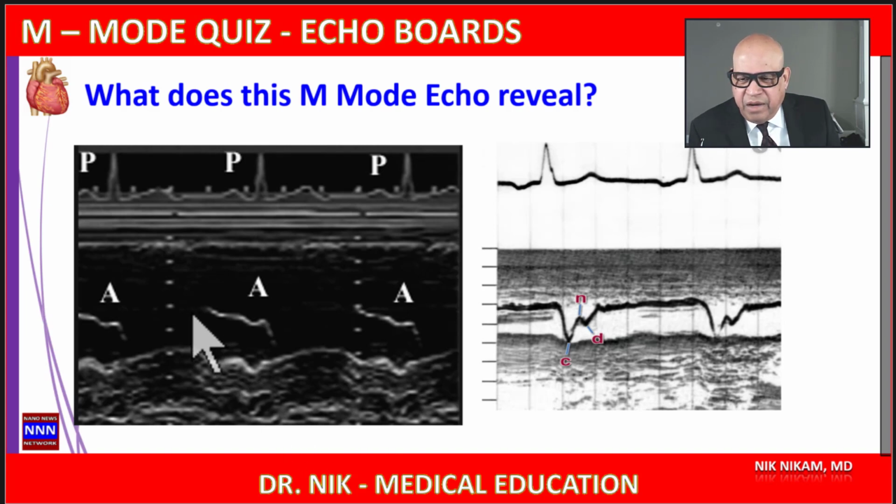This is an M-mode tracing of a pulmonic valve. It is similar to the aortic valve, except we are only able to see the posterior leaflet movements, as opposed to an aortic valve where we can see both the anterior and the posterior, or the non-coronary cusp or the coronary cusp, depending upon the angle in which it was taken.